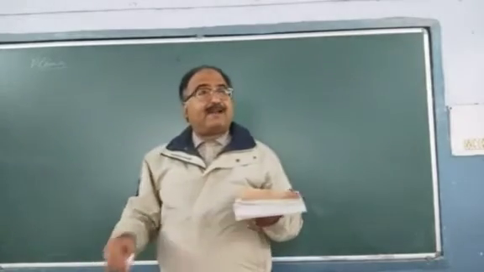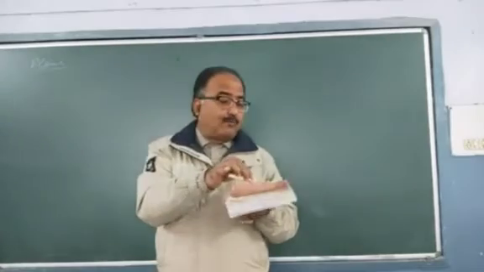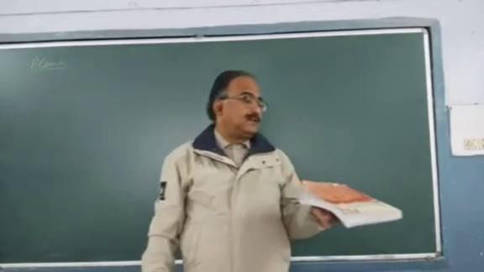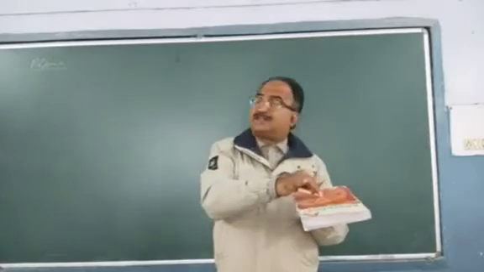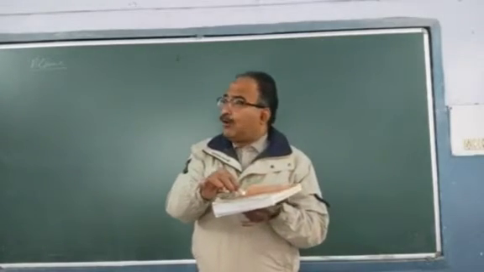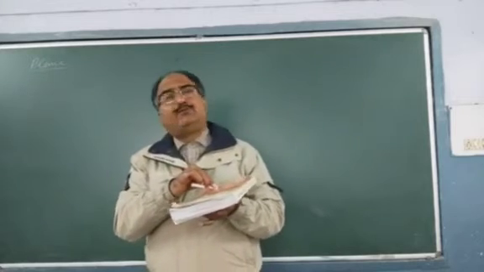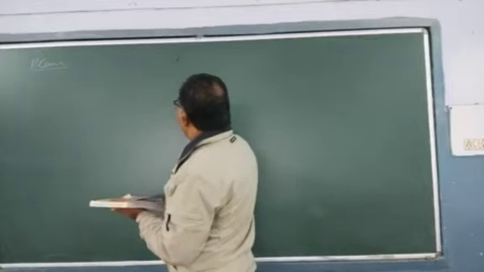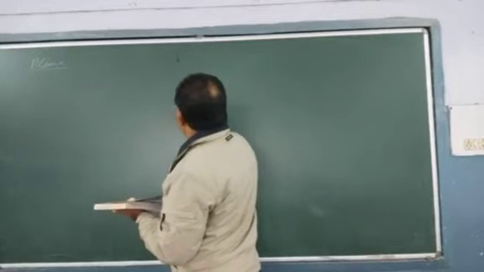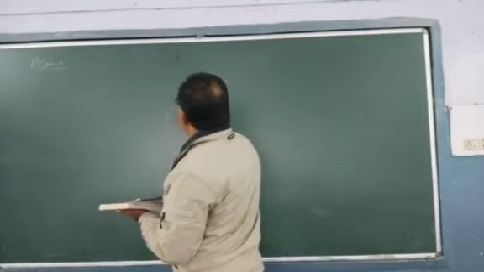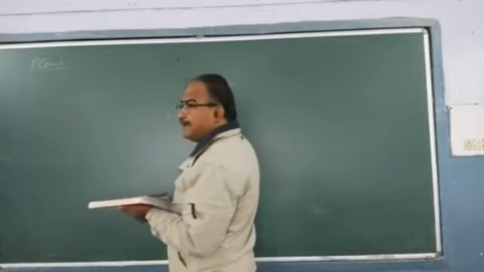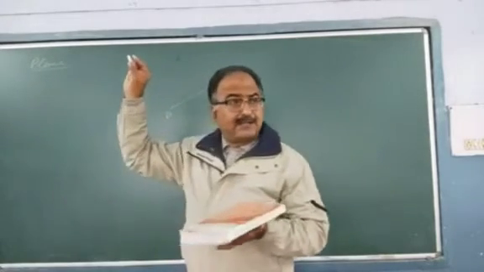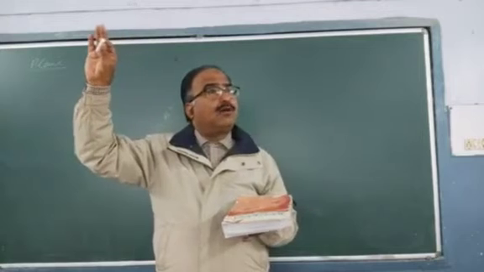But if I consider 2 points on this plane and we join them, if this line wholly lies on it, that is treated to be a plane. Suppose I consider 1 point here and 1 point here, and we join these 2 points, and this line AB lies wholly on it, it is treated to lie on a plane.